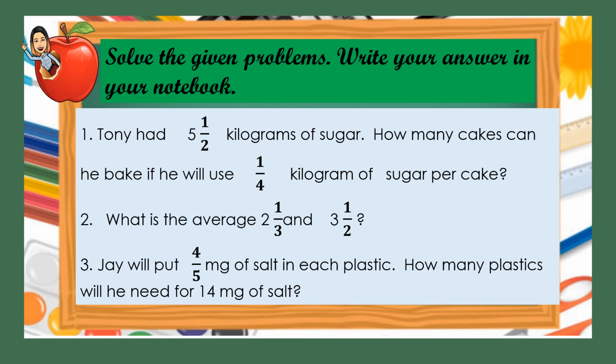How many cakes can he bake if he will use 1/4 kilogram of sugar per cake? Number 2. What is the average of 2 and 1/3 and 3 and 1/2? Number 3. Jay will put 4/5 milligram of salt in each plastic. How many plastics will he need for 14 milligrams of salt?